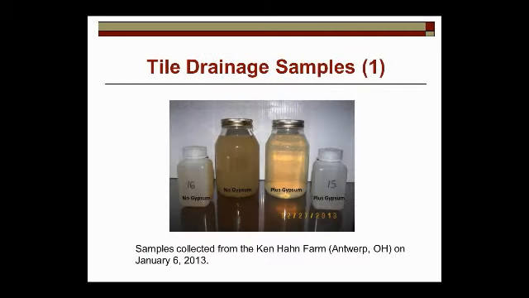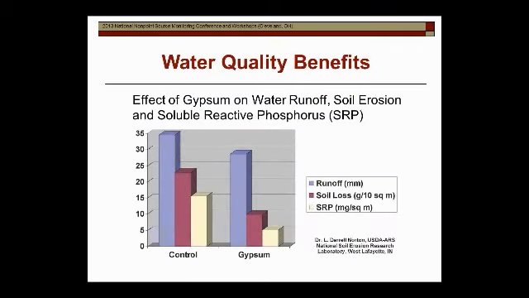And the samples on the top right there, again, you don't need any fancy equipment to see the difference. It's very, very clear just by your eye. This is from another farm, January 2013, no gypsum samples versus gypsum samples. Again, very clear differences.